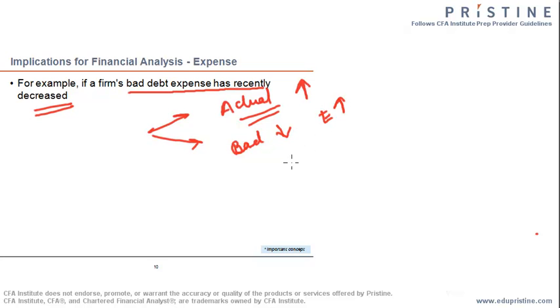Analysts should look into these two scenarios and then come to a conclusion whether the management is trying to manage the earnings, or it is a real case where they had strengthened their collection team because of which bad debt expense has really come down, and hence the provision for bad debt coming down is realistic in nature and there is no need for worry to any investor.